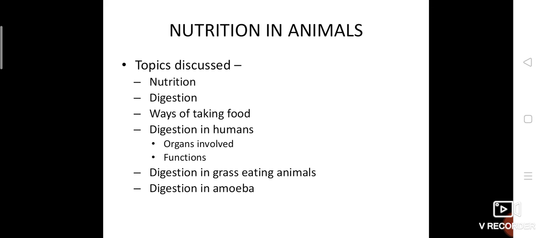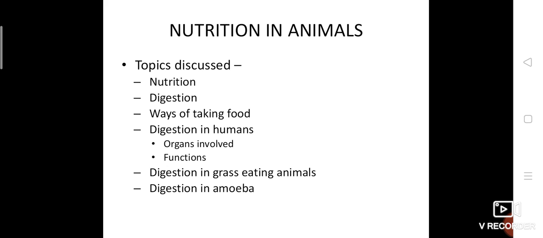So in this lesson, the topics we have discussed already are: what is nutrition, digestion, and ways of taking food, how we are taking the food, because some animals are chewing, some animals are swallowing the food, some animals are sucking the food and all. So what ways they are taking the food, that is consuming the food; digestion in humans, then how the digestion is taking place, especially in humans.